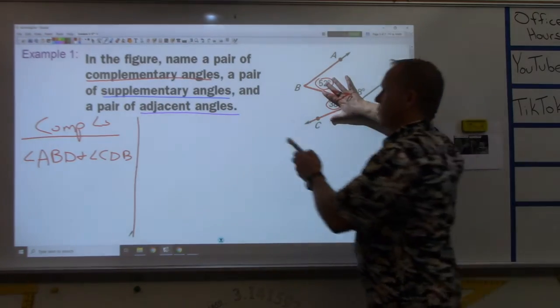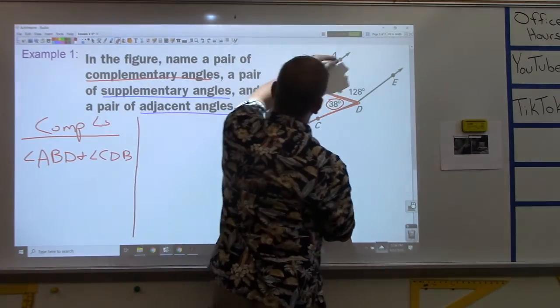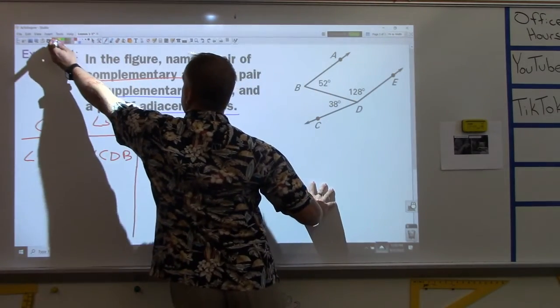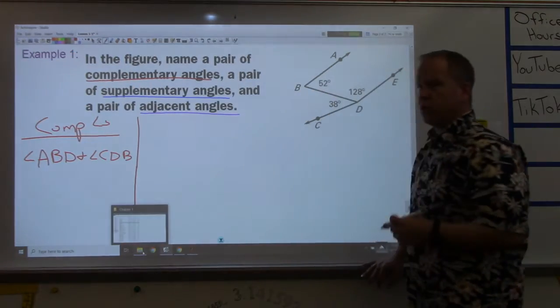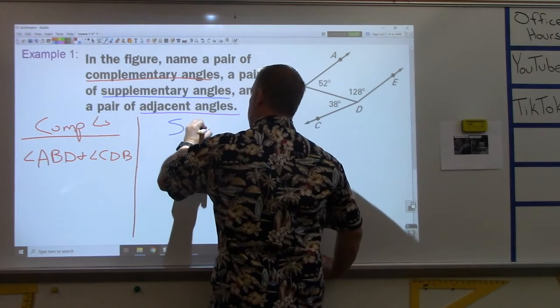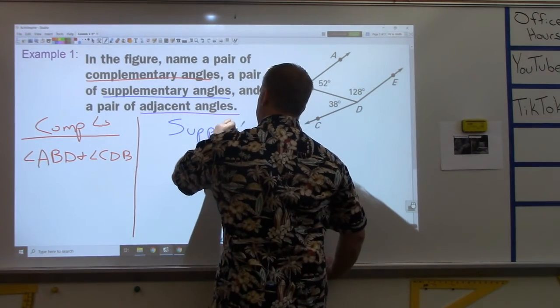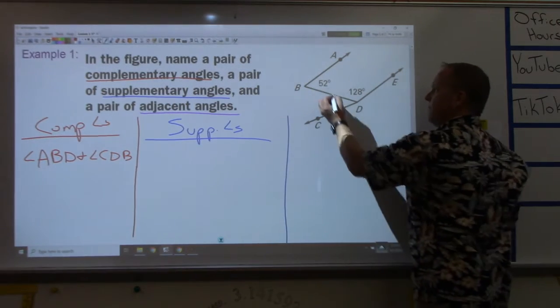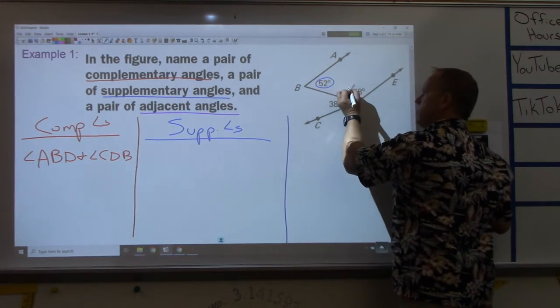Now, let's get rid of our notations here and we'll try to find supplementary. Supplementary angles add to 180. Are there any numbers on that diagram that add to 180 degrees? Yes, 52 plus 128.